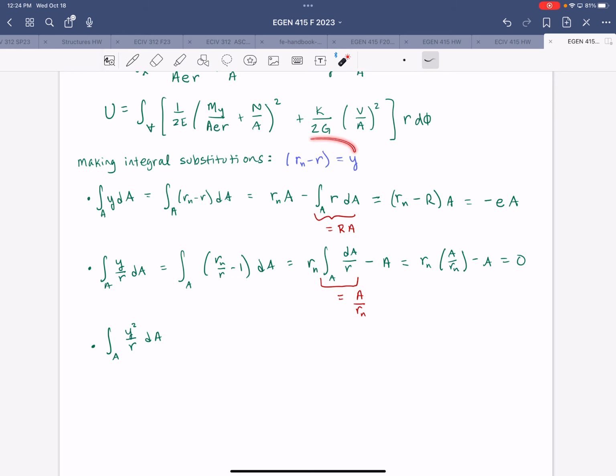So we're making this substitution so that we only end up with one variable inside our integral to think about. So integral over the area, then making that substitution for y, we get Rn squared minus 2Rn r plus r squared over r.